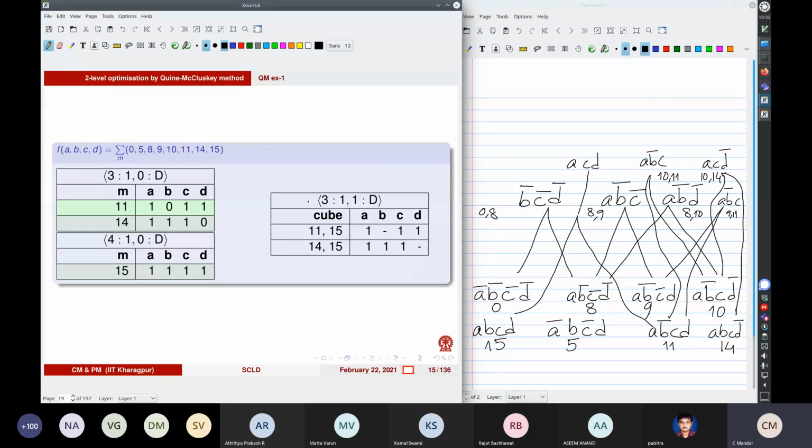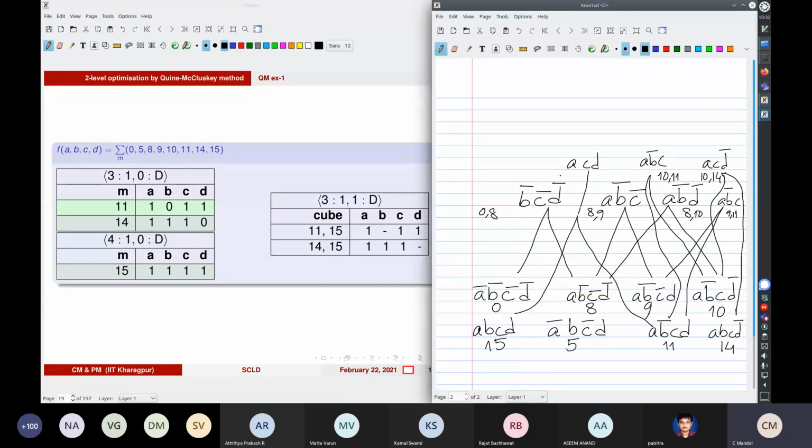And this is also adjacent. 14 is also adjacent. So ACD is 1115. We'll write 1115, and it's also adjacent to 14, and you get ABC. Okay, so ABC, I think we'll write 08 here.